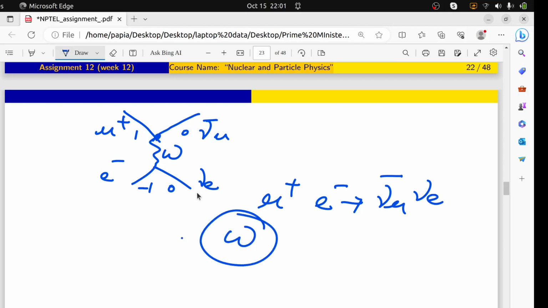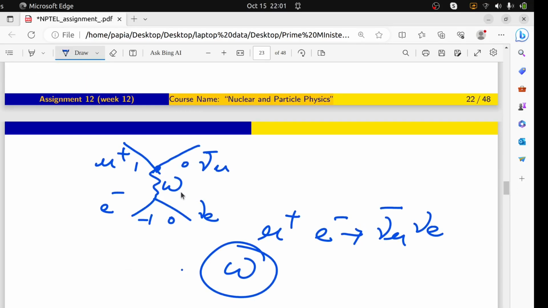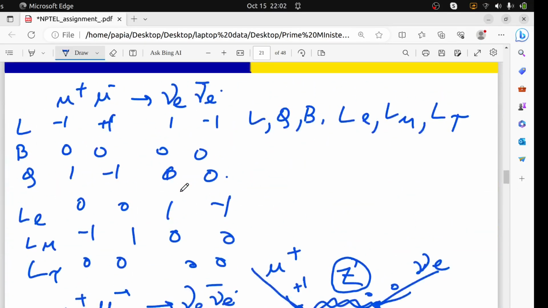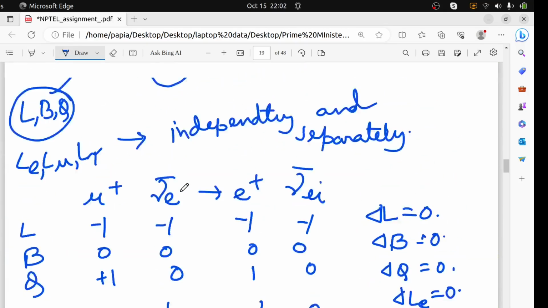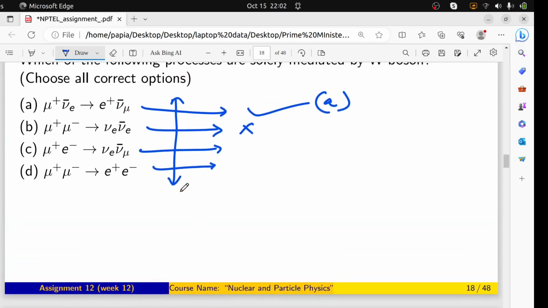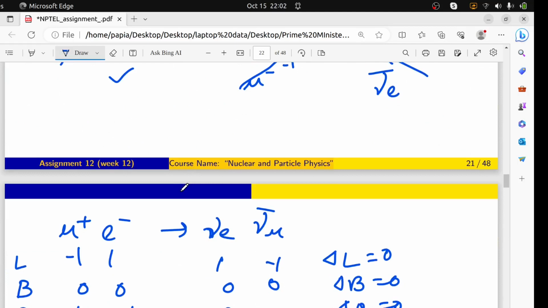It will not be possible to mediate that interaction by Z. So our option will be, what is given here, C is correct, that it is fully mediated by W.